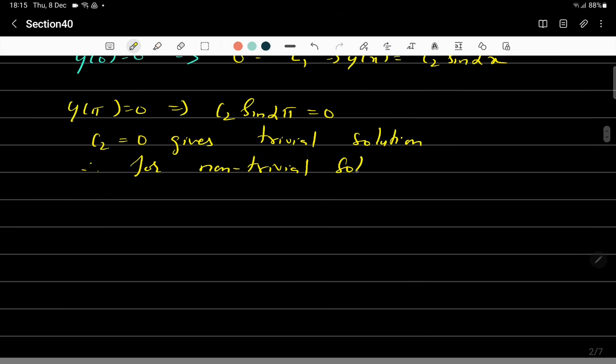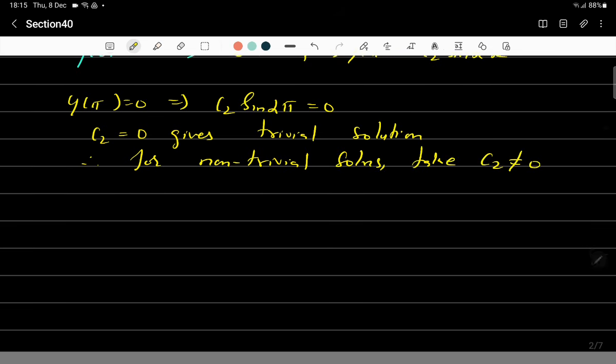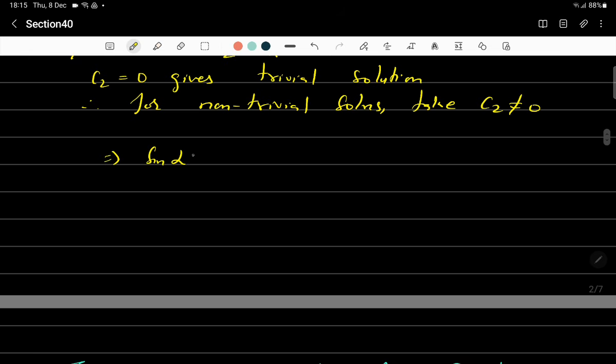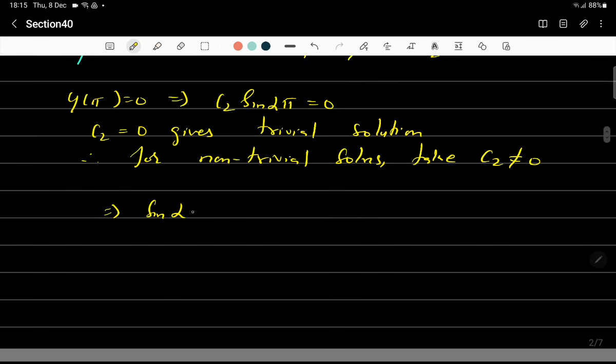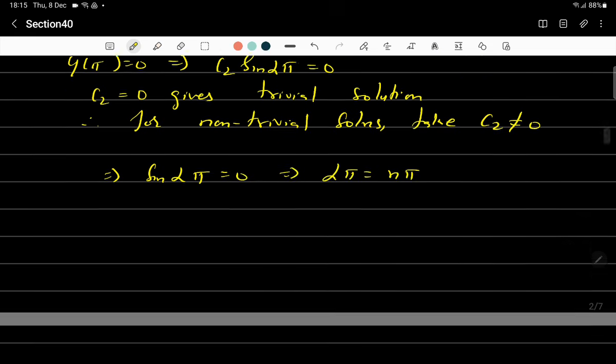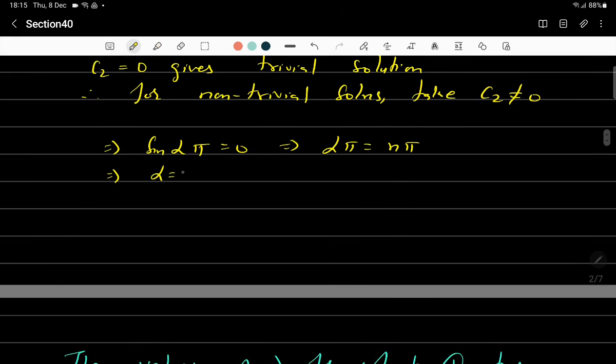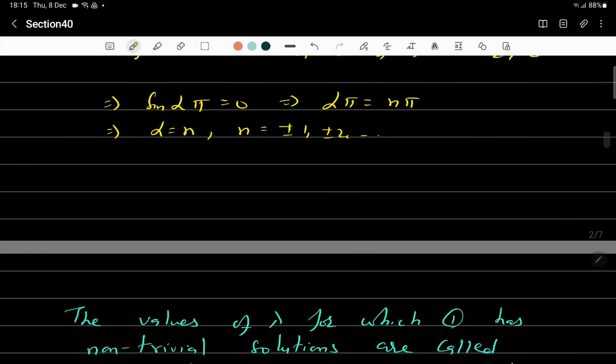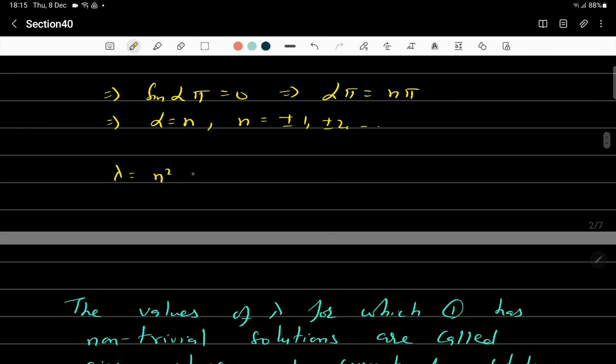So for non-trivial solutions, we consider c2 to be non-zero, that gives me sin alpha pi equal to 0, which gives me alpha pi equal to n pi, or alpha equal to n, where n is plus minus 1, plus minus 2 and so on, and lambda is n square, which is 1, 4, 9 and so on, since lambda is alpha square.